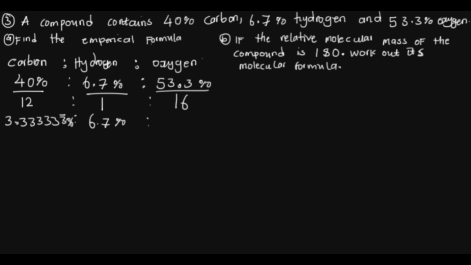Now let's check our oxygen: 53.3 divided by 16, we get 3.33125. From here we can see that the lowest number is this one for oxygen, because after the decimal, the number in the fourth position is 1, but here we have a 3, so this is the lesser number.